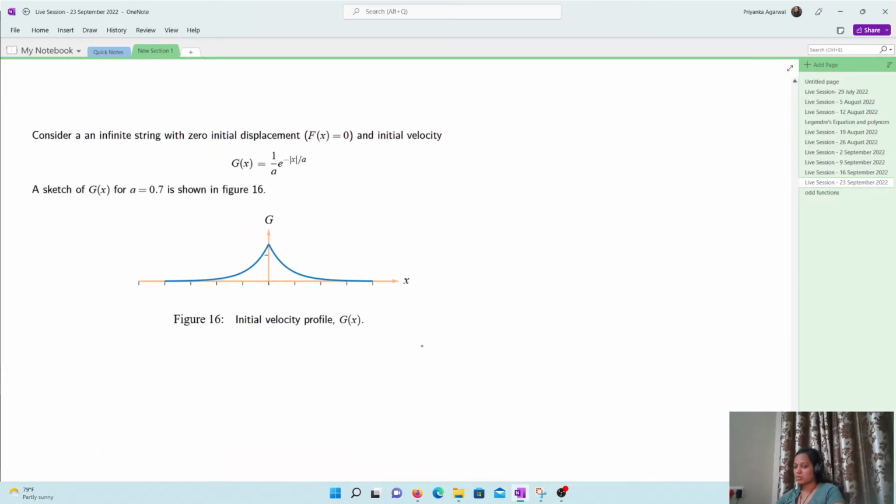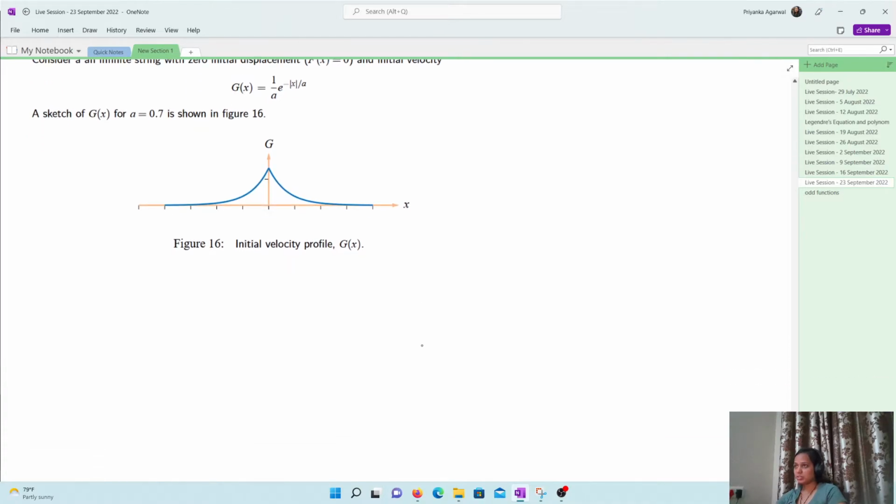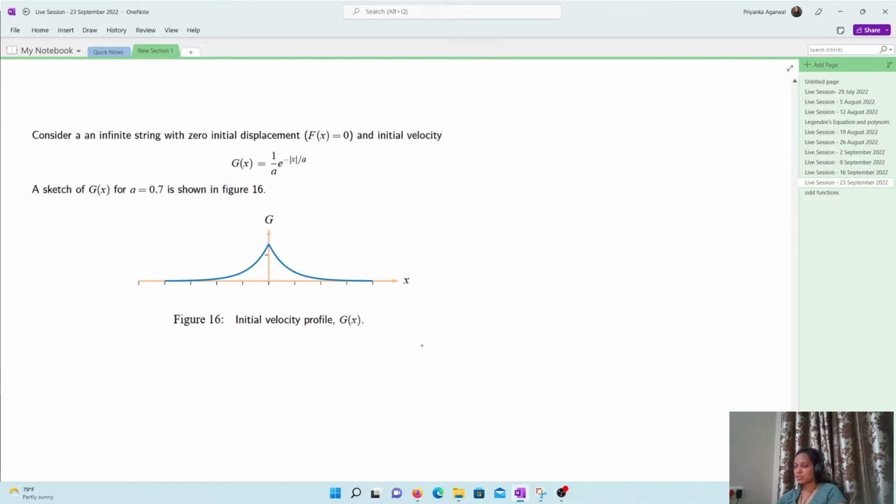Okay, now let's consider another question. Consider an infinite string with zero initial displacement. So the displacement initially is 0, so we can consider f of x is 0 at t equals to 0, and the initial velocity is given by this function g of x equals 1 by a e to the power minus mod of x by a.